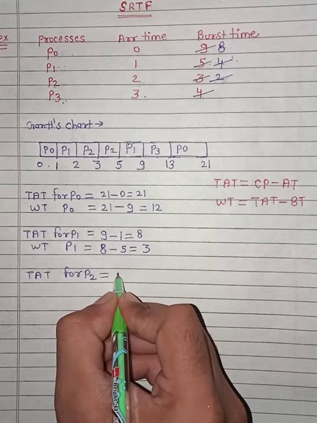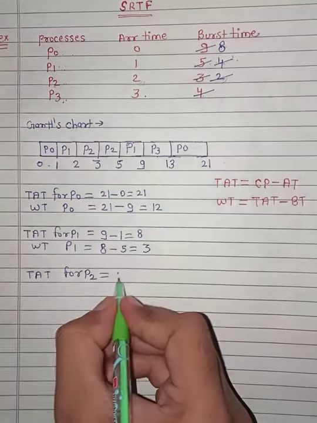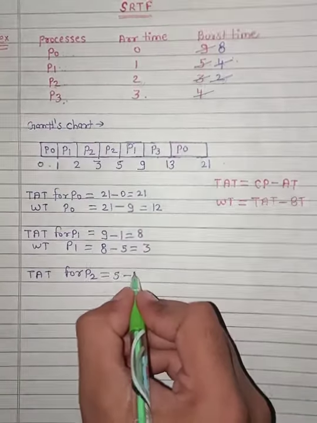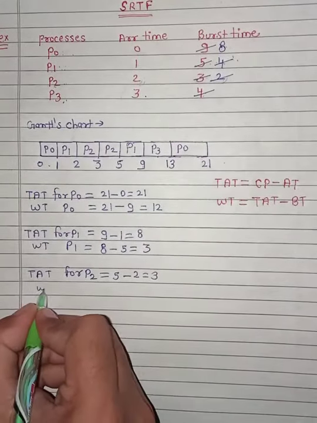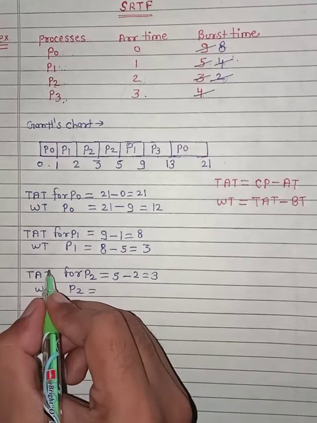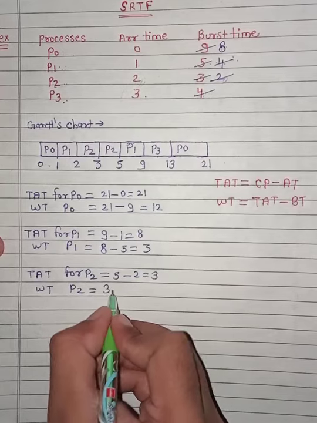The completion time of P2 is 5 minus arrival time 2, and waiting time for P2 is turnaround time minus burst time 3.